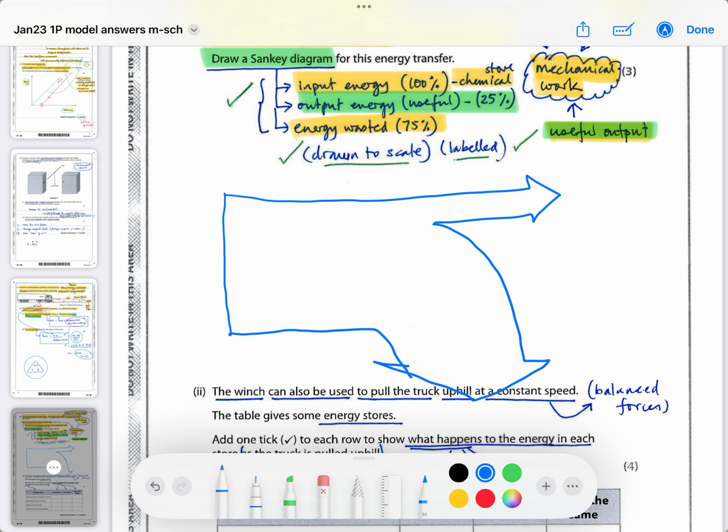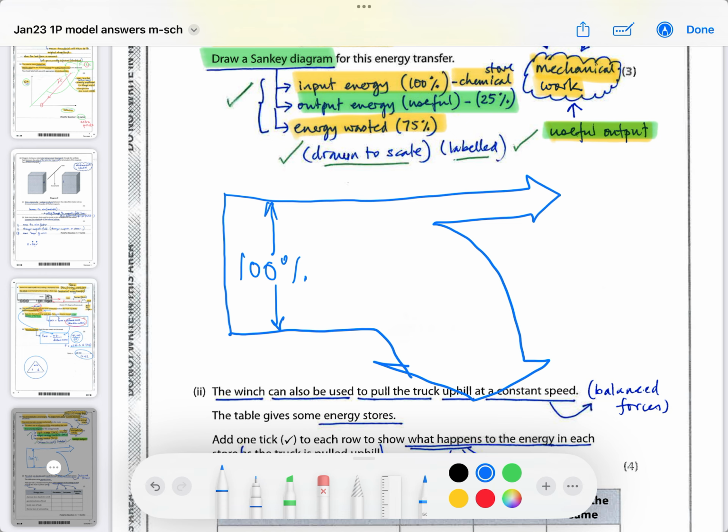That's how you could draw it. Not very well drawn. So this would be 100%, the width here. So you could draw it from here all the way down to the bottom. You could draw it to scale if you wanted to, showing that this would be 100% of the width.